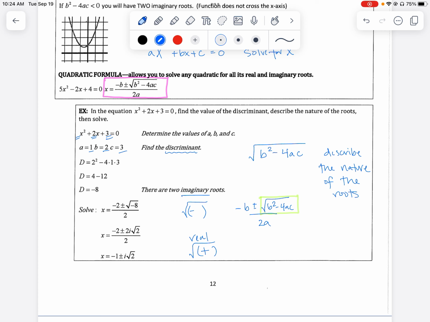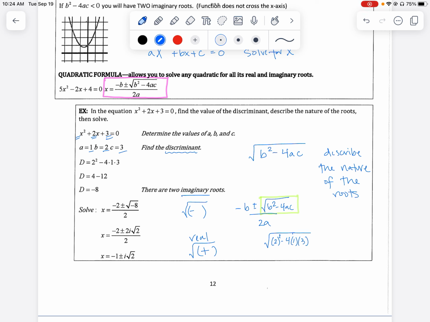So in this case, if I plug in negative b plus or minus, and I told you not to use that part, so let me back up a little bit. Okay, what we're going to do is check out the discriminant. So we're going to take b squared, 2 squared, minus 4 times the a term, which is 1, times the c term, which is 3.